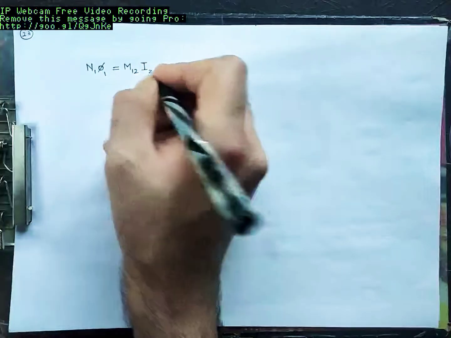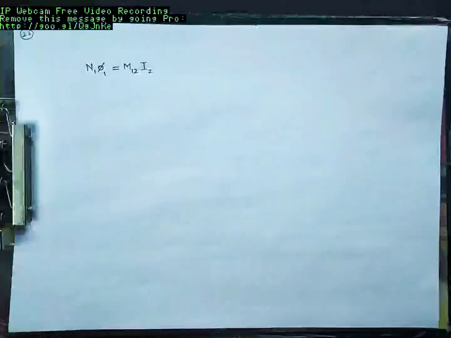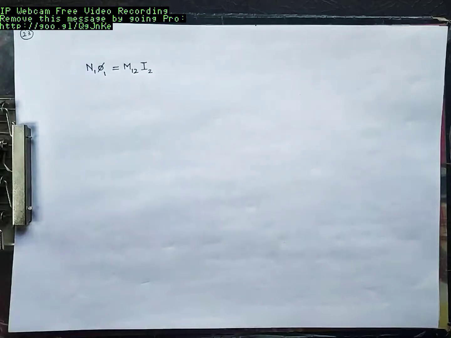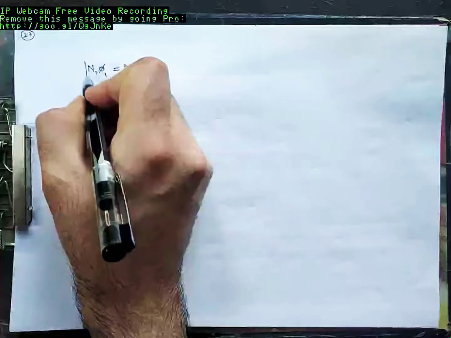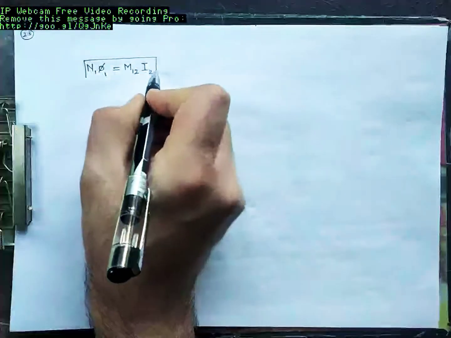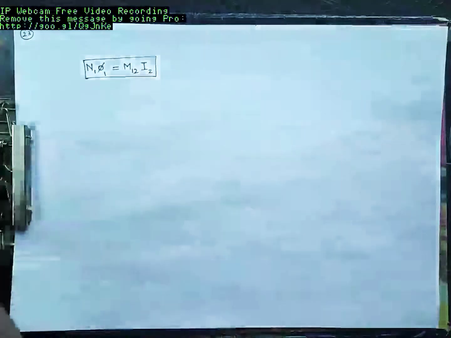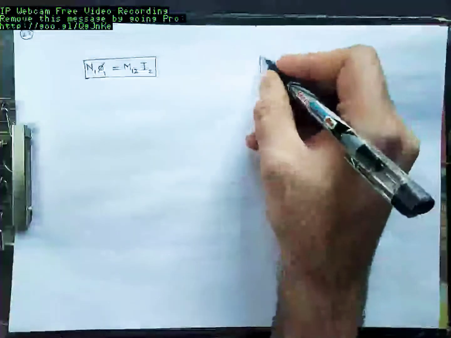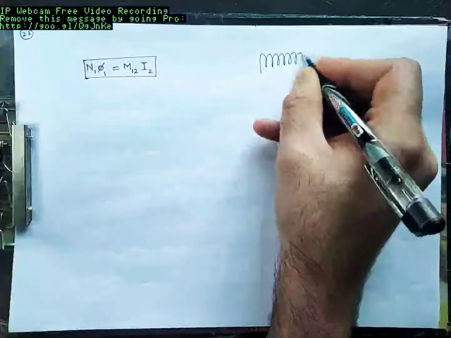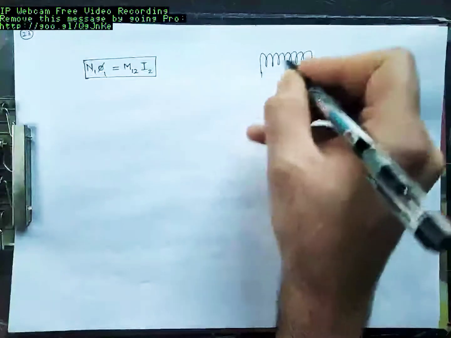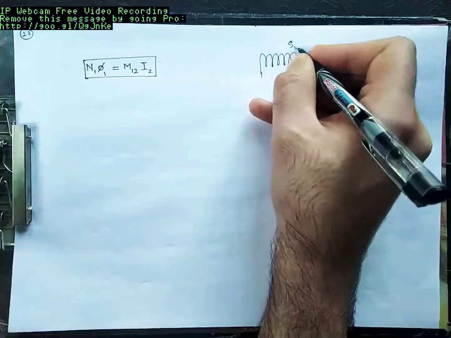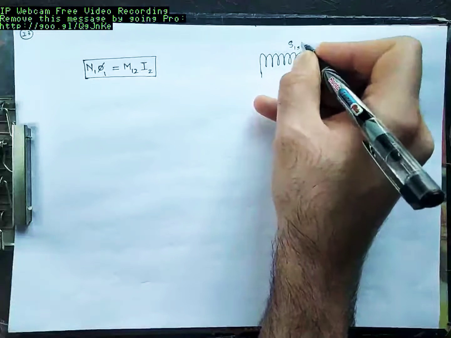This lecture is in continuation with the previous lecture, so please follow the sequence. This expression was derived because suppose we have a coil here. Let me call this coil solenoid S1 with N1 number of turns.